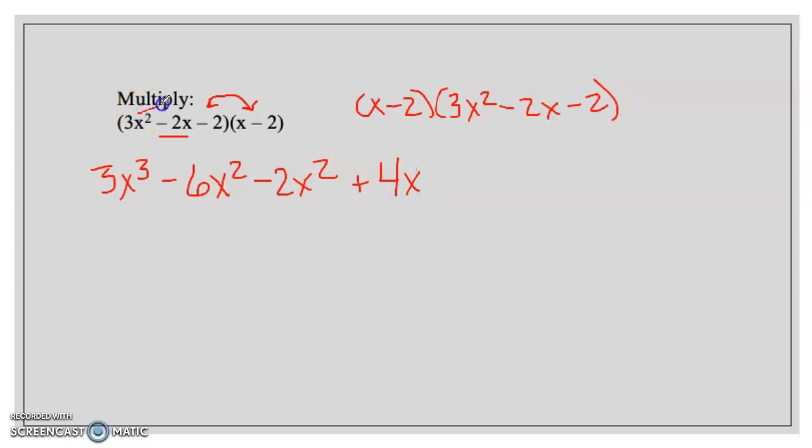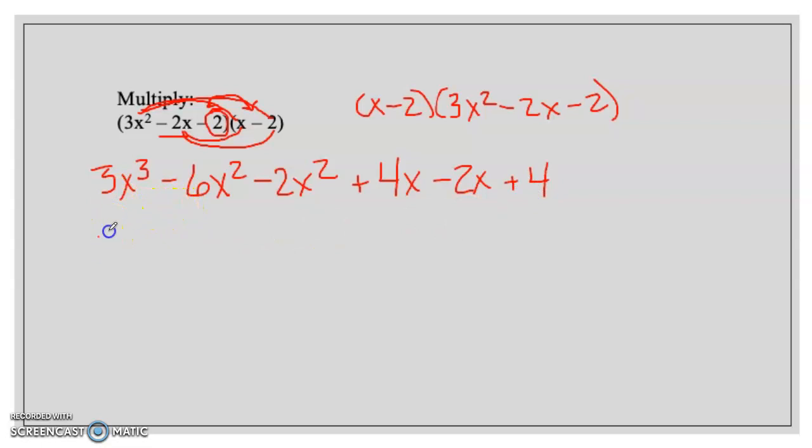So we went first times first, and then times the second, and then we took this second term times the first and times the second, and now we're going to take this negative 2 times x and negative 2 times negative 2.